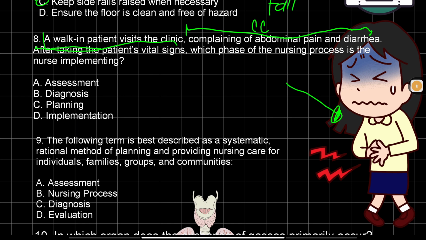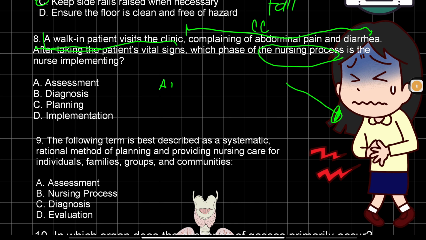After taking the patient's vital signs, which phase of nursing process is the nurse implementing? So, niligoy ka ng tanong, pero the question is really asking you nursing process. It is gauging you about your ADPIE. Remember your ADPIE?